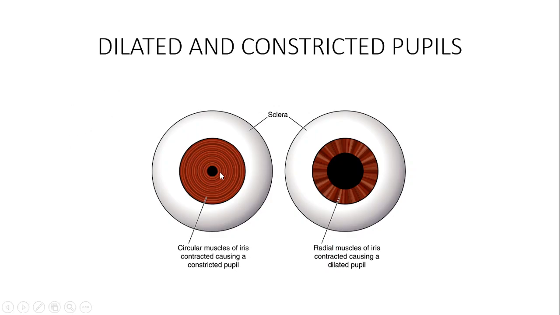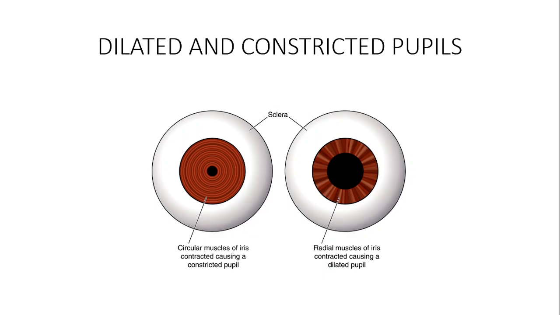So opioids. Like what? Oxycodone, heroin, fentanyl, morphine, and codeine are all what? Opioids that can be used in treatment of problems in our body, but capable of constricting the pupil.